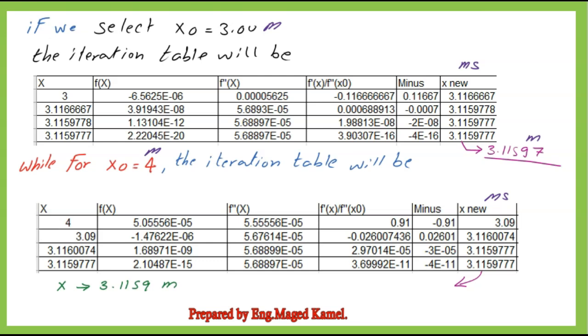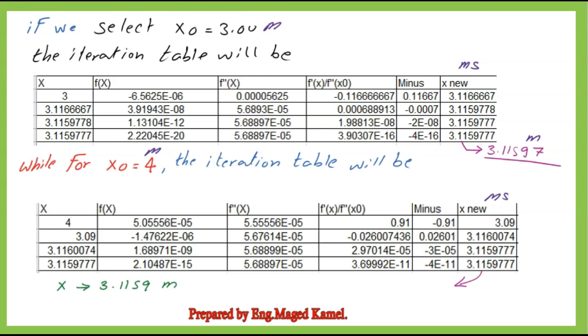So we have 3.11667. We plug it and put it here, and again estimate the value of f dash of x of 3.116667, as well as the f double dash of x. We divide f dash of x over f double dash of x. We get a positive value multiplied by -1.